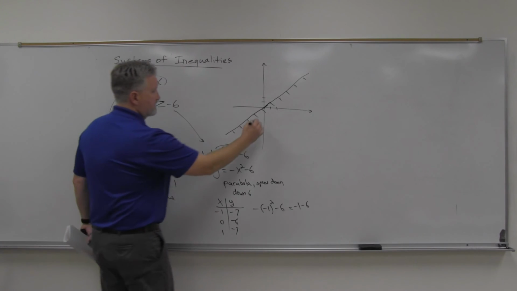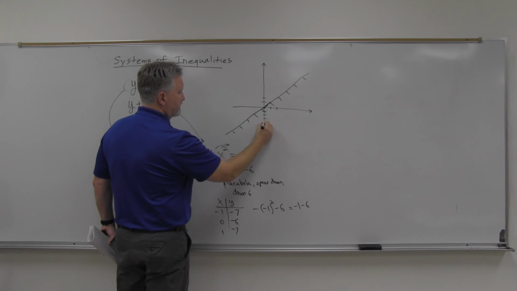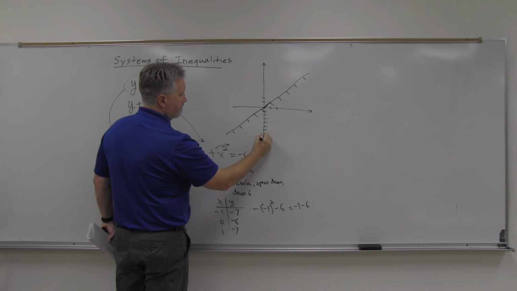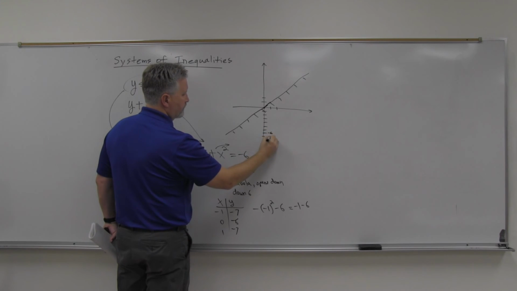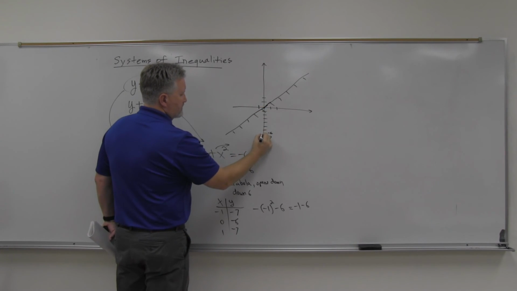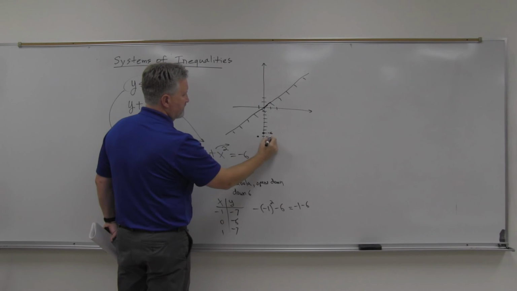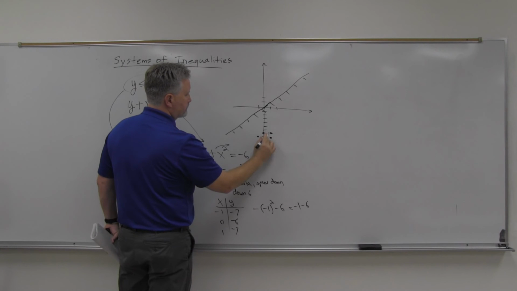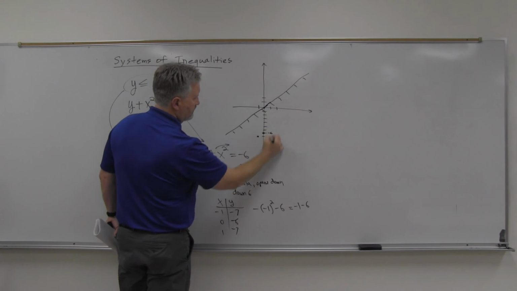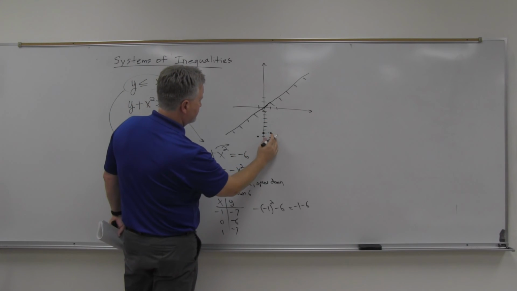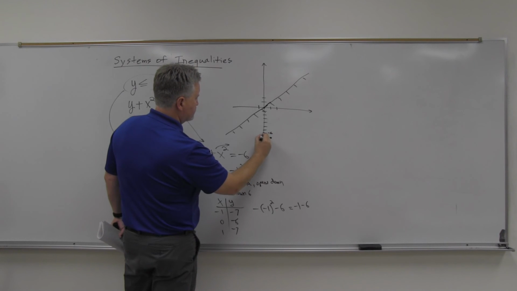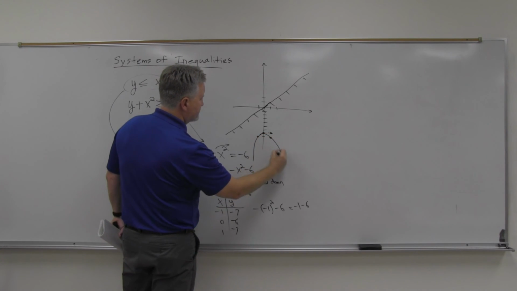So anyway, that gives us some good points to get. So 0, -6, and -1, -7, and there's 1. Like that. And it's solid.